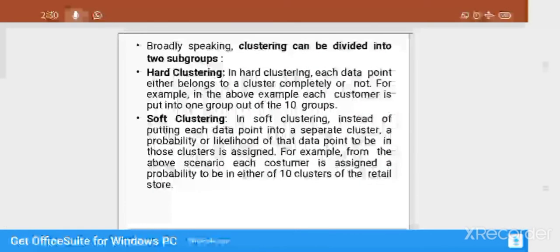Broadly speaking, clustering can be divided into two subgroups: hard clustering and soft clustering. In hard clustering, each data point either belongs to a cluster completely or not. For example, in the above example, each customer is put into one group out of the 10 groups. This is hard clustering. What happens in soft clustering?